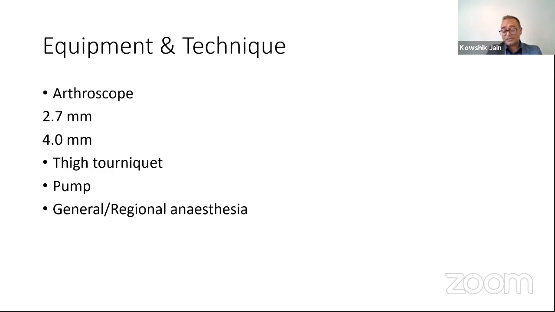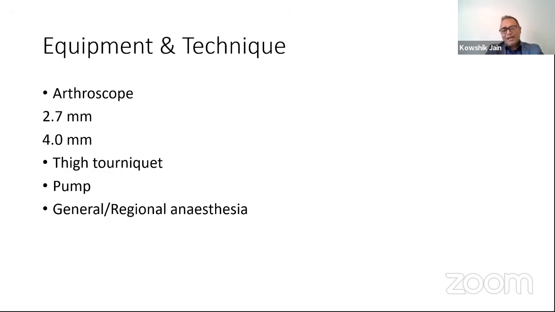It's one of the complications of ankle arthroscopy, and this is higher if you use a 4 millimeter scope as compared to a 2.7 millimeter scope. On the other hand, the advantage of a 4 millimeter scope is it gives you a wider view and probably a bigger and a better picture. But as I told you, I use a 2.7 millimeter scope. There are many foot and ankle surgeons who still use a 4 millimeter scope.